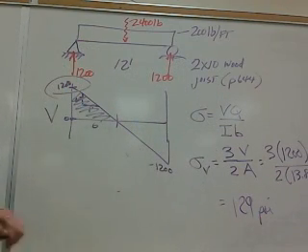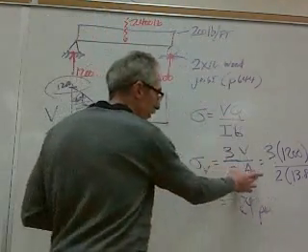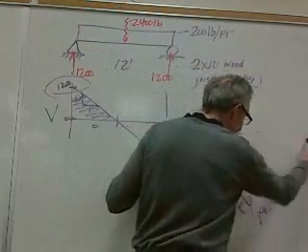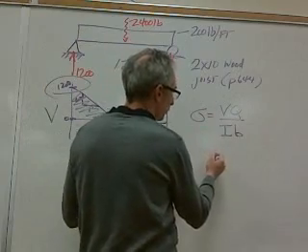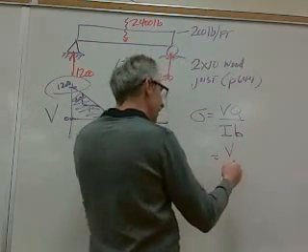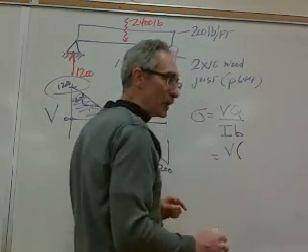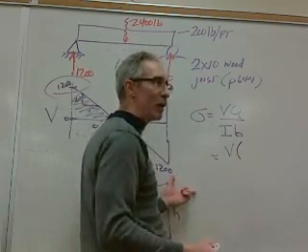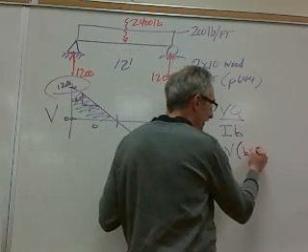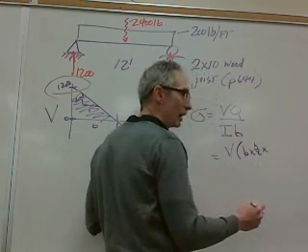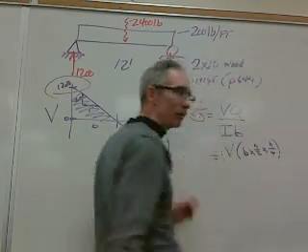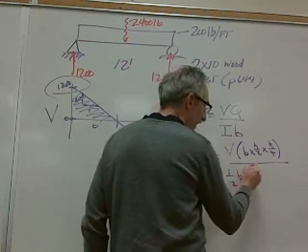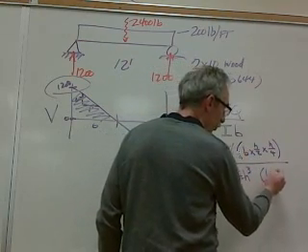Now, warning: you can only use this when you're dealing with rectangular shapes. The reason you can is that there's a certain relationship when you're using rectangular shapes. You've got V, Q. If you think about a rectangular shape as having a base and a height, think about what Q is. Q is base times height over 2 times height over 4. And I is 1/12 base times height cubed, and the width, of course, is base.